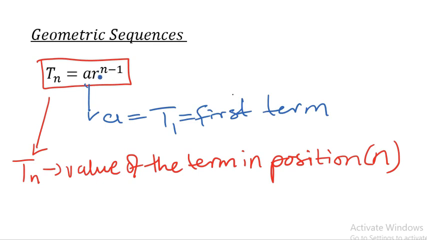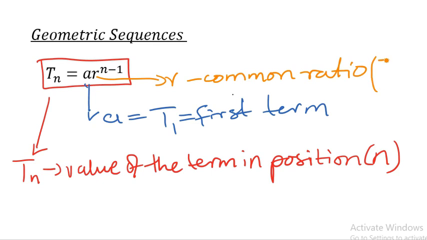Now, what is this r? Someone will want to know what this r is. r is the common ratio. How do we get the common ratio?